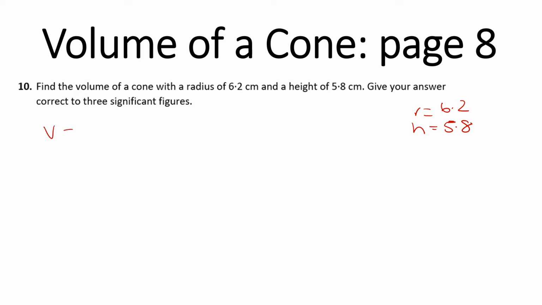So volume will equal a third AH, which will be a third times, we have a cone, so that means our base is going to be a circle, so pi r squared, pi times our radius of 6.2 squared times 5.8 for our height.